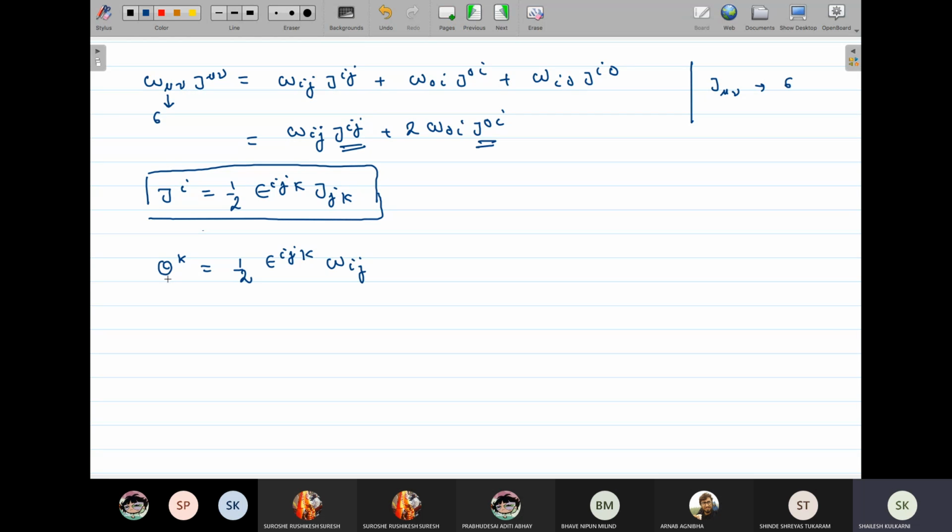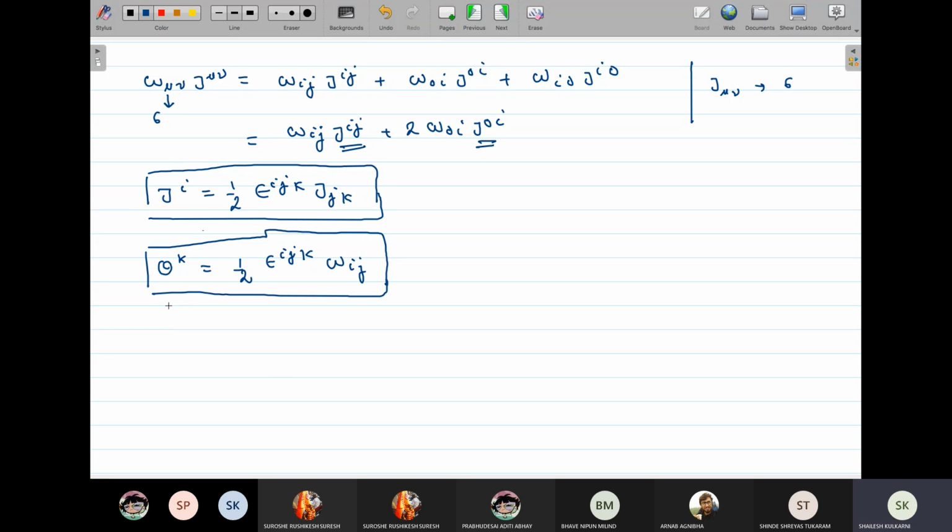So this is theta_k. With these definitions, one can write omega_mu nu J^mu nu in a slightly better form. So let us first evaluate omega_ij in terms of theta.